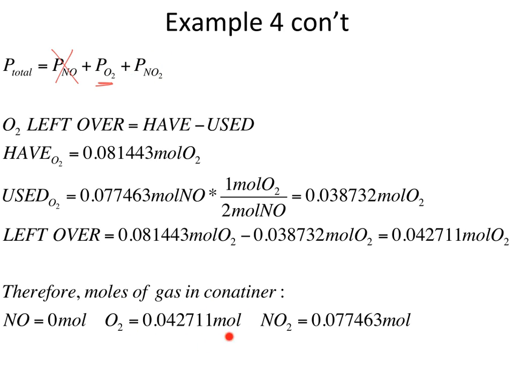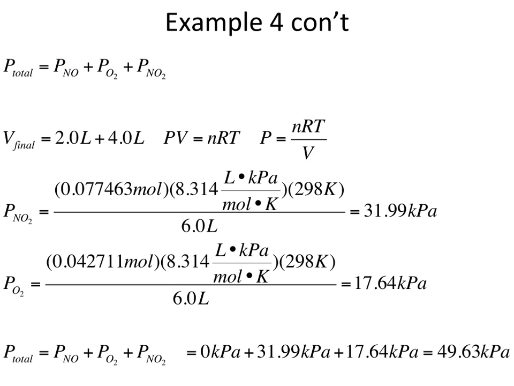So we have to convert these moles somehow into the partial pressures. To do that, we need to figure out what the P is using PV equals nRT. Now, you have to ask, well, couldn't we use just the initial pressures? No, because remember, if you go back, there was a final reaction vessel where the two gases mixed.